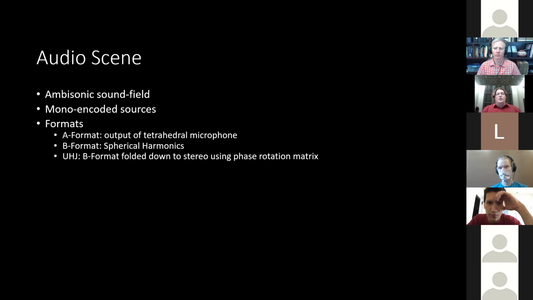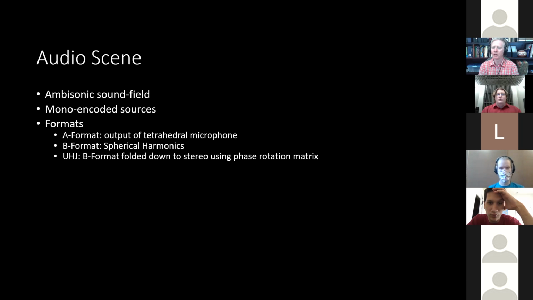And if you have what's called a UHJ player, it'll actually be able to dematrix everything out, and you can get the 2-dimensional sound field back out of the stereo signal. It's really obscure. It's fun. I've played with it. Most ambisonic releases that you find on CD or so on are in UHJ format, but there aren't a lot of them.